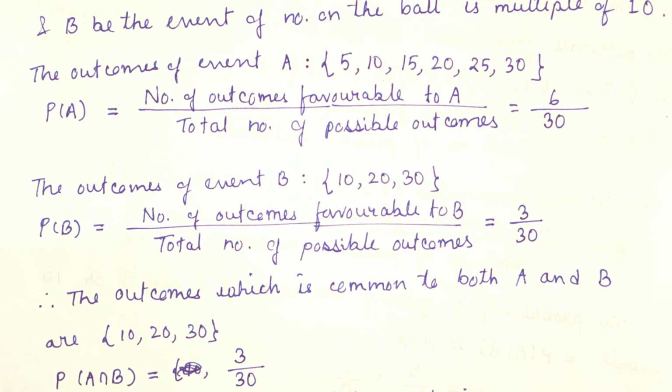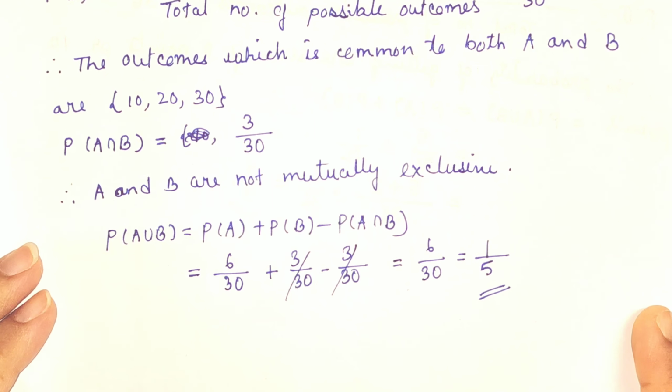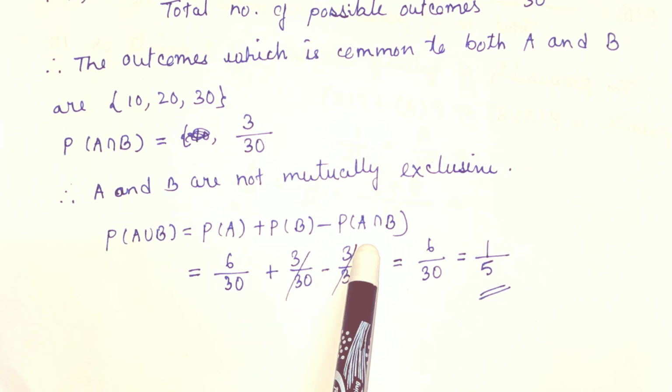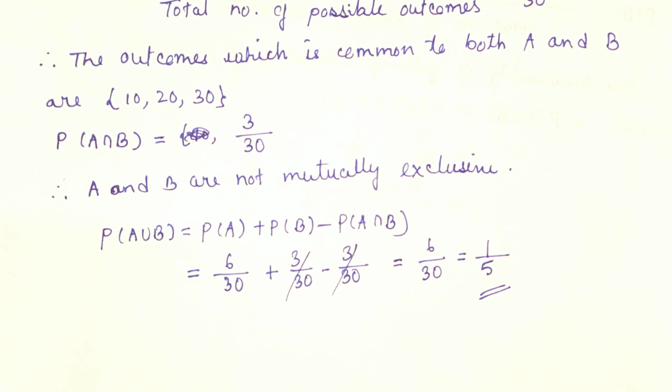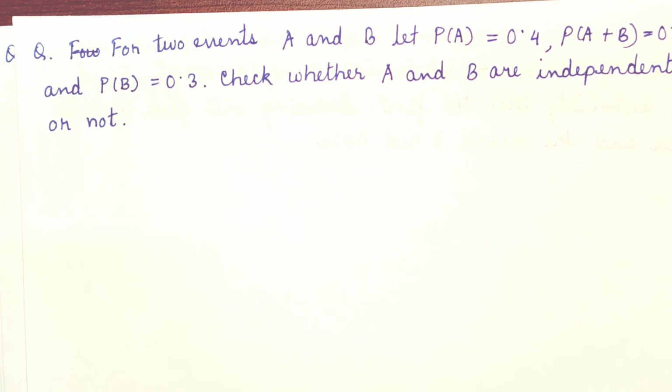Therefore, these events are not mutually exclusive. When two events are not mutually exclusive, we use the formula P(A) plus P(B) minus P(A intersection B). After substituting the values, we got 1 by 5 as the answer. Moving on to the next question.